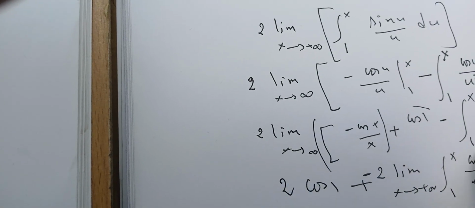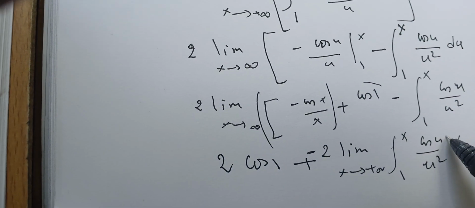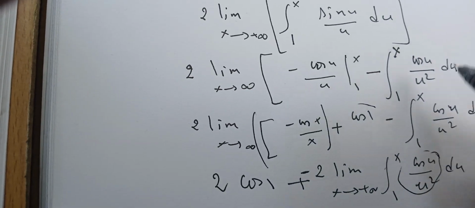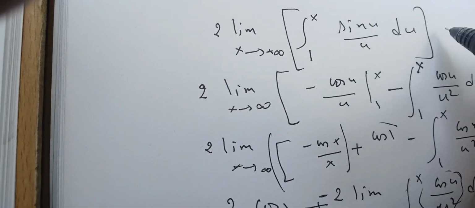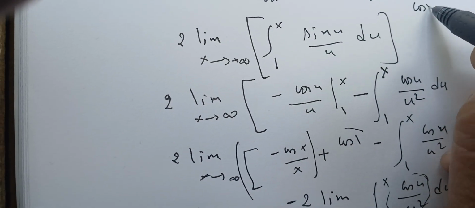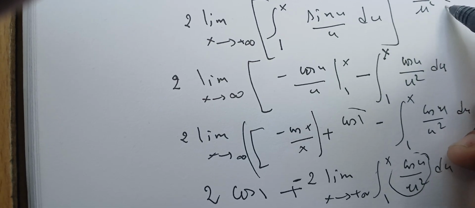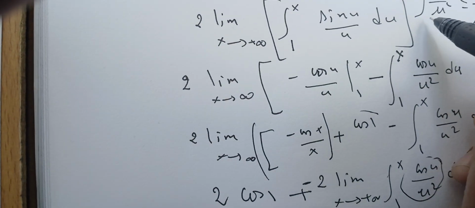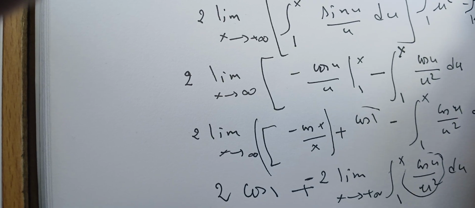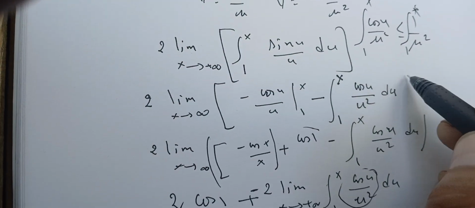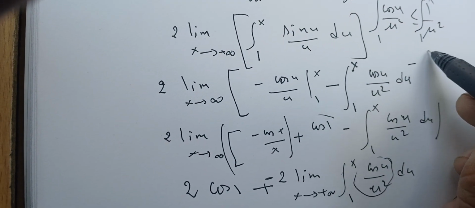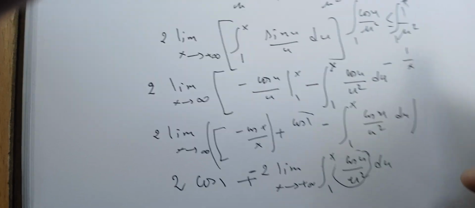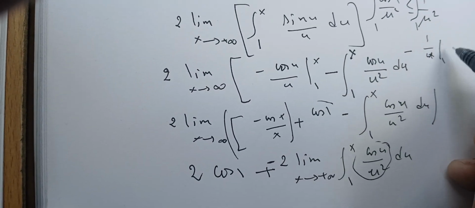But this one here, I know it's convergent, because I can use the comparison test. Cosine of u over u squared is less than 1 over u squared. If I integrate between 1 and x, I get minus 1 over u between 1 and x.